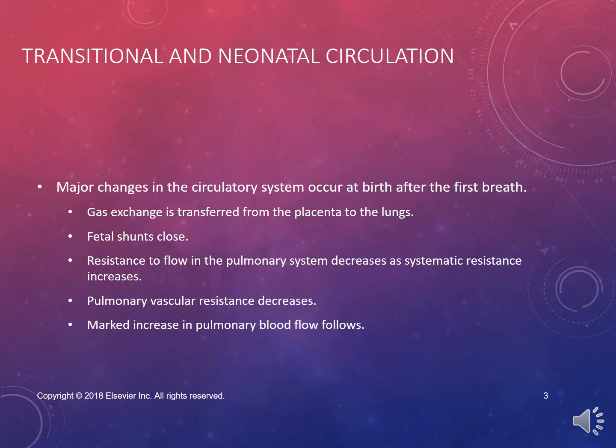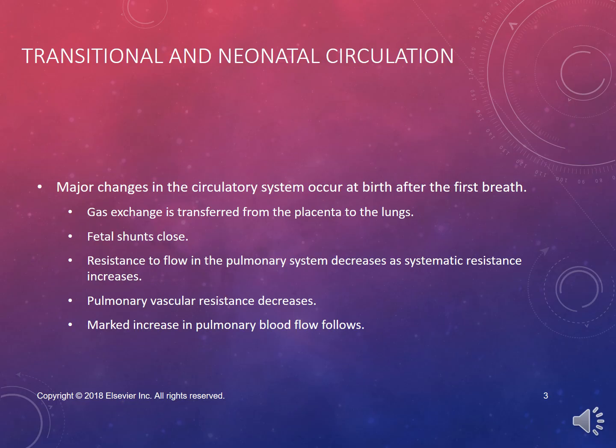So your ductus arteriosus, your foramen ovale, all of these are open during fetal circulation because it helps bypass the lungs because you're not using your lungs when you're in utero, but you will need them outside of the womb.